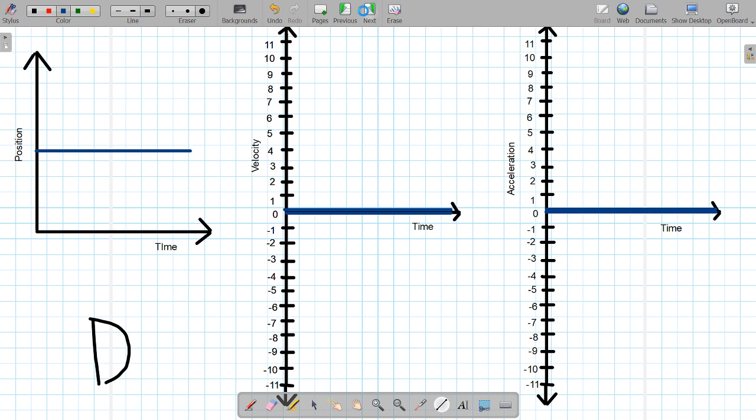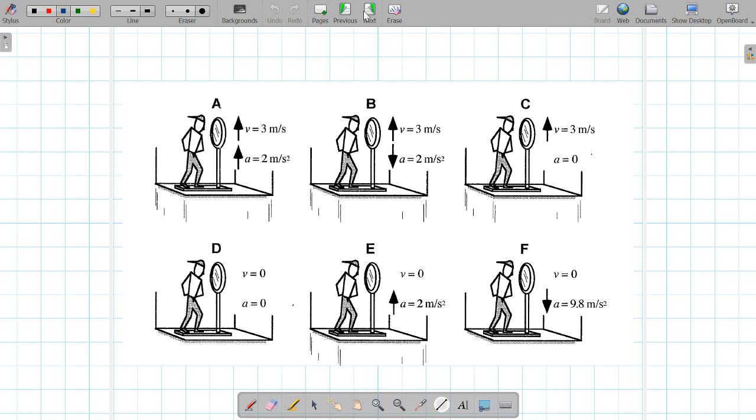Okay, so let's move on now to situation E. Situation E, and remember, my elevator is moving upward in every instance shown. So I'm just going to draw a nice straight arrow pointed up to represent 0 velocity.